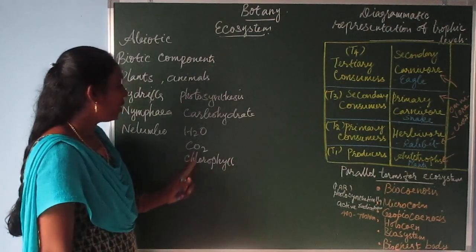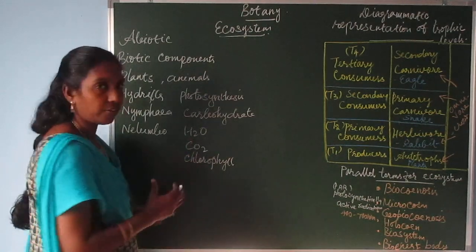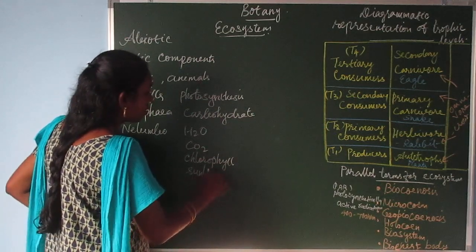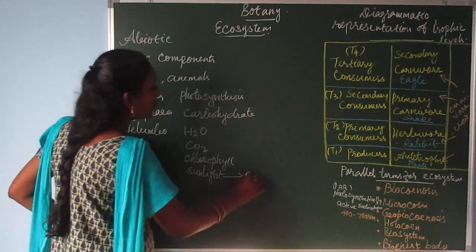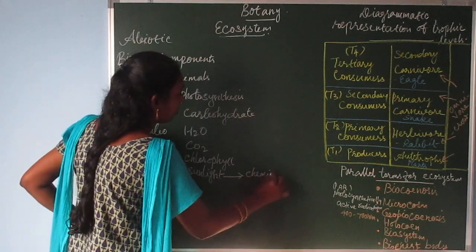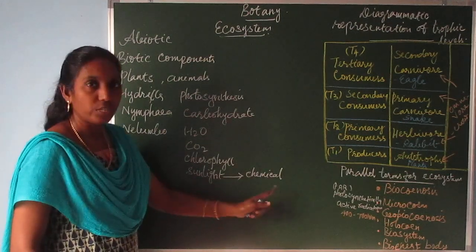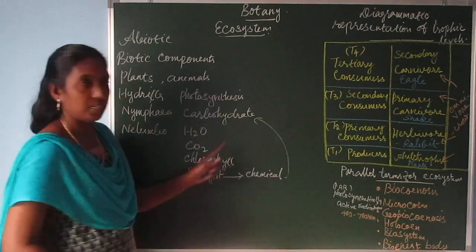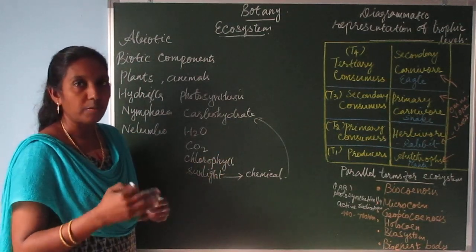The plant traps sunlight, the source of energy, and converts light energy into chemical energy, and manufactures the food carbohydrate. This is the process of photosynthesis, which is considered the leading process.